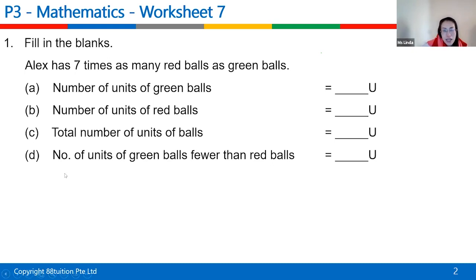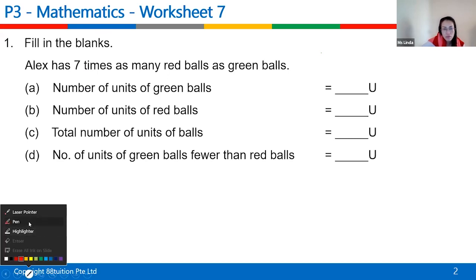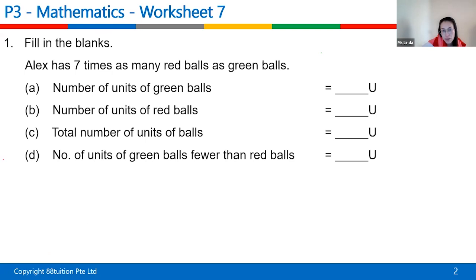Okay. So anyway, now Alex has 7 times as many red balls as green balls. That's why when I say I'm going to draw using my pen, if you have 7 times as many red balls, when I say diagrams, it will be good in such a way, like your red 7 times, you draw 7 units.